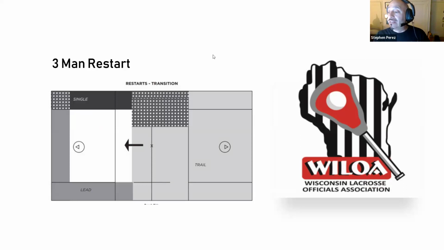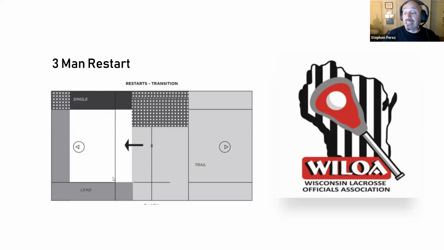Three-man restarts? Right. Okay. You've got two people on the same side, potentially. It's kind of weird. So again, this is a pregame conversation. Tim, on Friday, my expectation is if the ball is anywhere between the 30s, I want the single side to take it. If the ball is below the 30s, then I would expect the trail to take it.